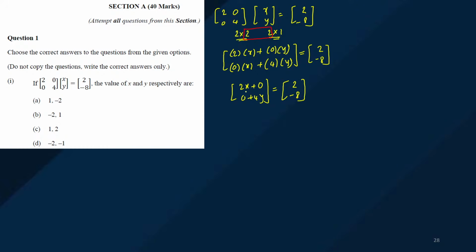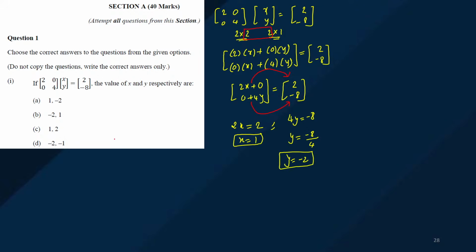Okay, so I can equate this matrix to this matrix. Clear? So now I can write 2x is equal to 2, then x is equal to 1, and 4y is equal to minus 8, therefore y is equal to minus 8 by 4, y is equal to minus 2.